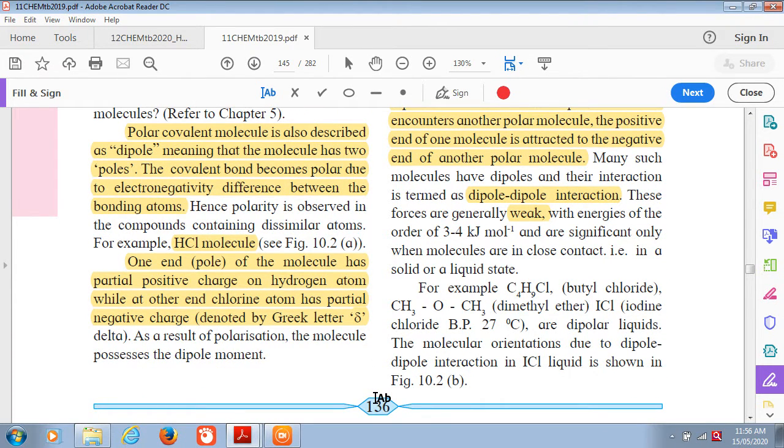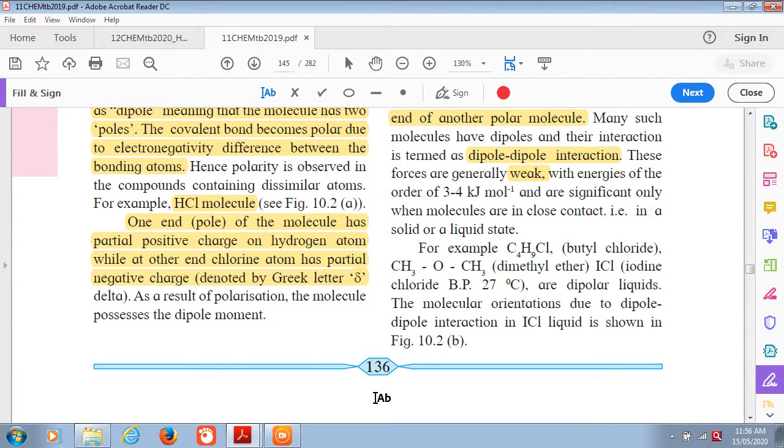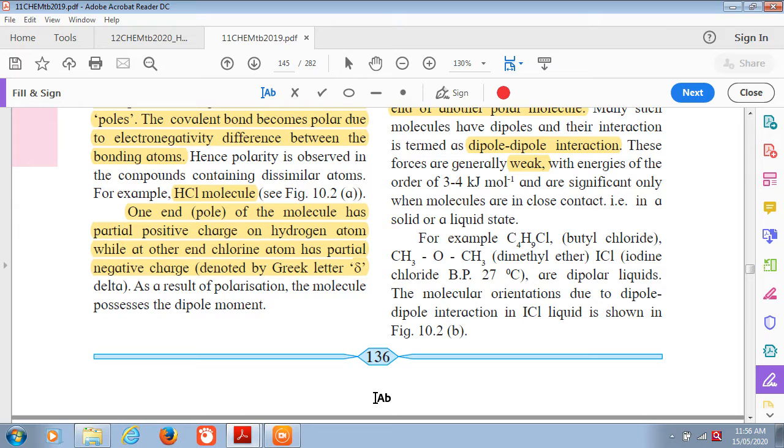Some examples are given here. Butyl chloride, dimethyl ether, and iodine chloride, whose boiling point is 27 degrees centigrade, are dipolar liquids. The molecular orientation is due to dipole-dipole interaction in ICl liquid.